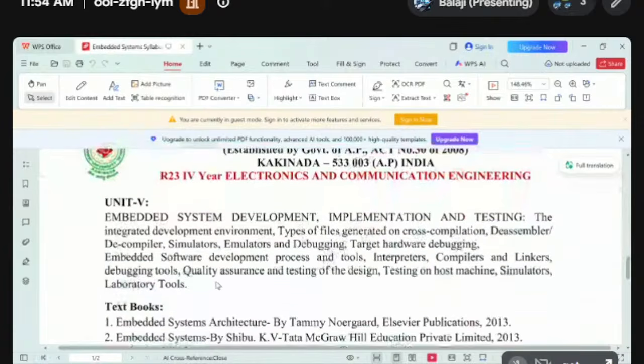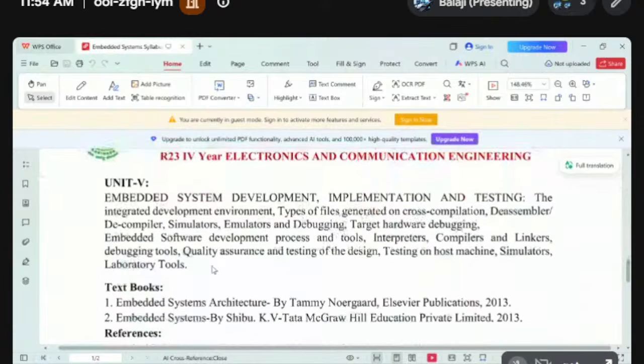How we are going to develop the entire embedded system, as well as how we are going to test it. The embedded system should work according to the user specifications, right? So that will be tested.